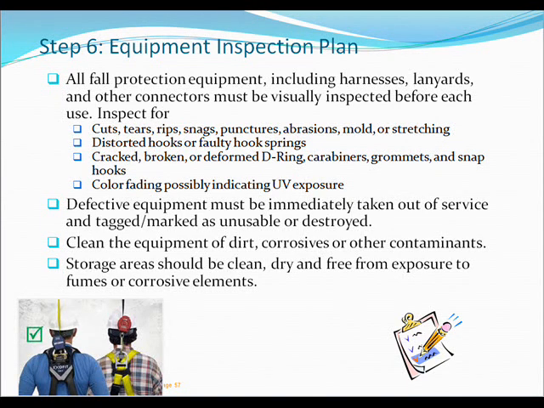Color fading, possibly indicating UV exposure. Defective equipment must be immediately taken out of service and tagged and marked unusable or destroyed. Clean the equipment of dirt, corrosion, or contaminants. Storage areas should be clean, dry, and free from exposure to fumes or corrosive elements.